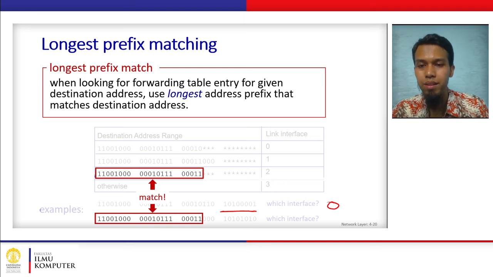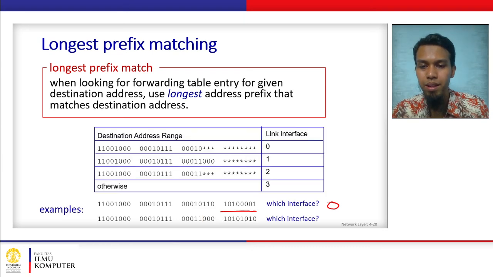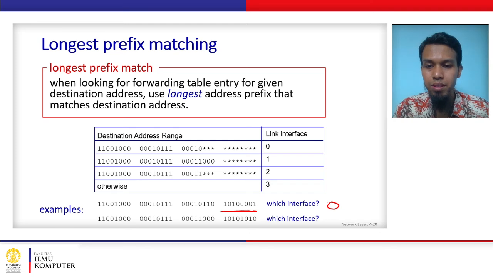What about the next IP address? It matched up to this point, but then it matches up to these bits here.